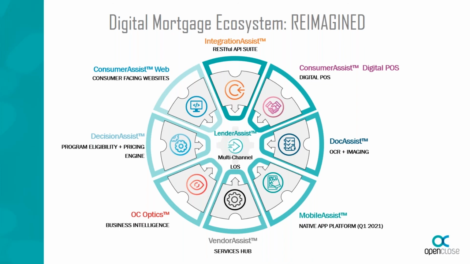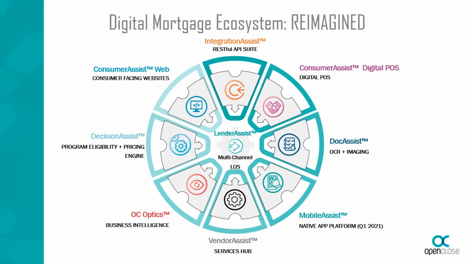So we've developed native apps for Android, iPhone, iPad, and Apple Watch. Most of the functionality is designed around the mortgage loan officer, where they can perform every function that they need to perform as a loan originator from a native mobile app. There's also a consumer app, and there's also an affinity app.